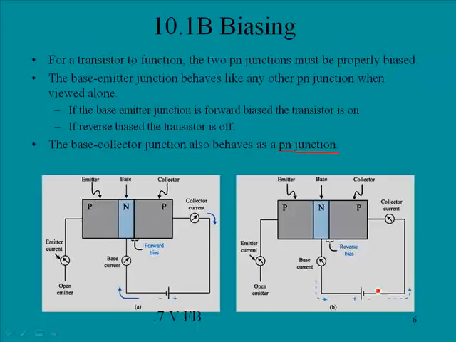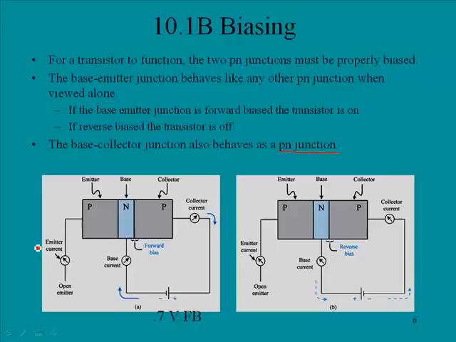In this scenario, it's reverse biased. The only difference is the polarity of the diode is opposite, and now there is no current. You see the little meters here indicating no current. Here they indicated that the current was flowing. And keep in mind, in both cases, the emitter is open, it is out of the circuit.